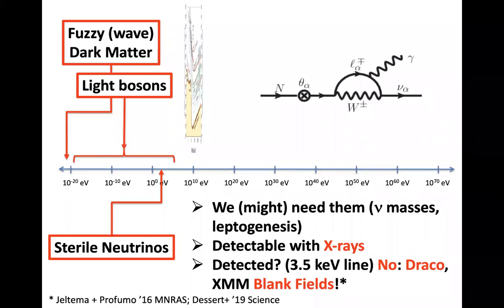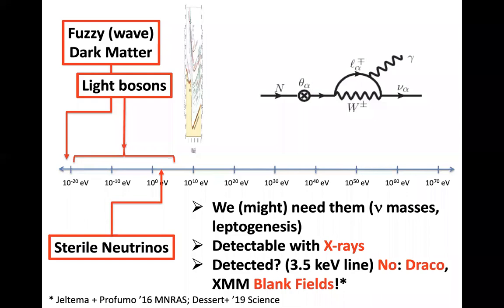And so there was a lot of activity related to whether or not the line could originate from the decay of sterile neutrinos. The answer is right now that for sure the line cannot come from decaying dark matter.